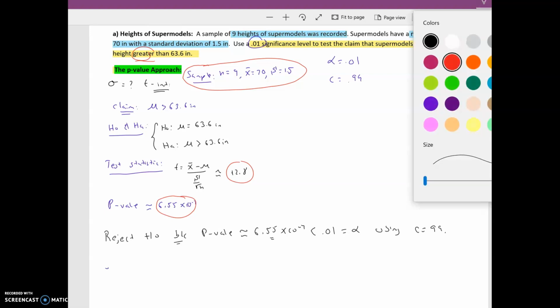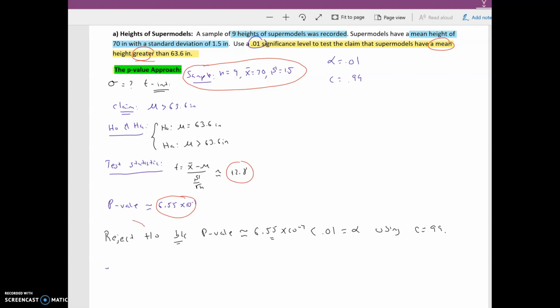And that's actually sufficient for this actual test.